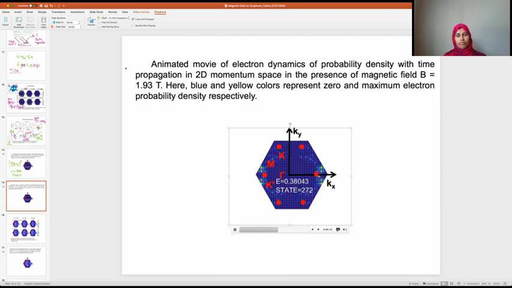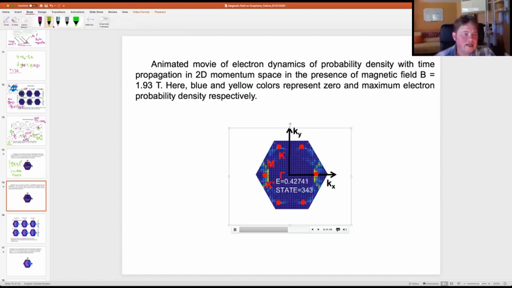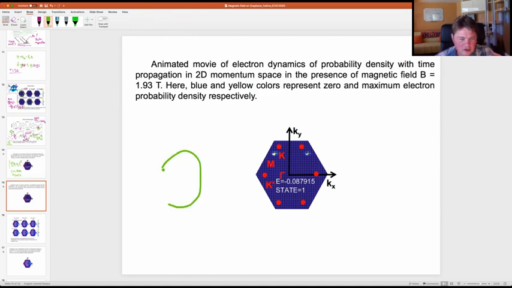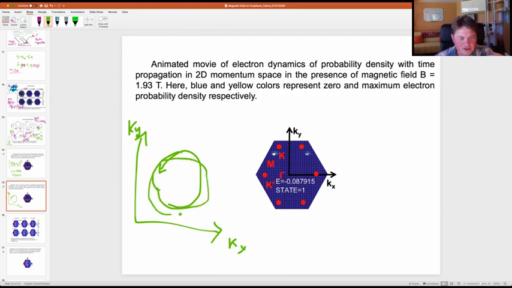Okay. So which means that if you convert this classical trajectory into the eigenstate, then it will be like a ring in kx, ky. If it corresponds to cyclotron motion, it will be some probability on the surface of a circle and 0 inside and outside, right?